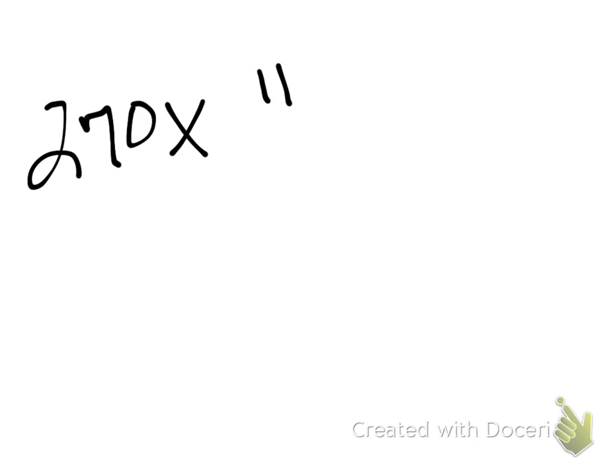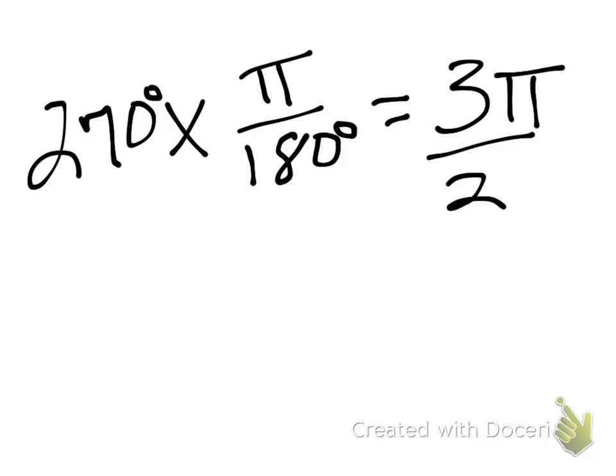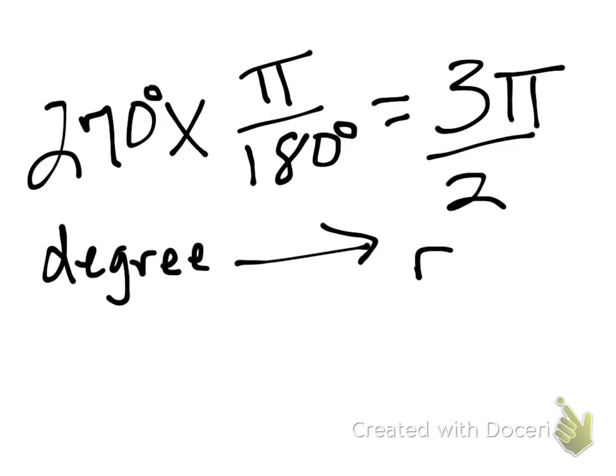Times pi over 180 degrees, and this will simplify. Put it in your calculator, check it out. It will end up being 3 pi halves. So this opens up a world of problems that you can solve. And again, this is going from degree to radian. So how do we get back?